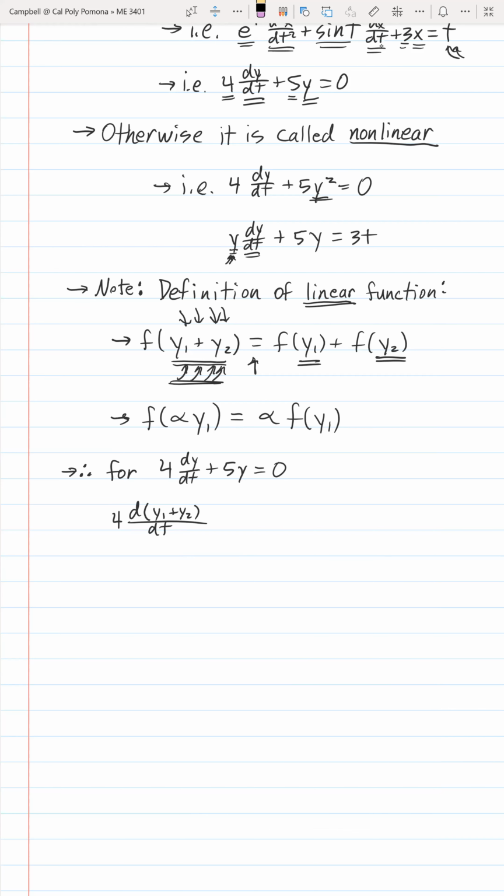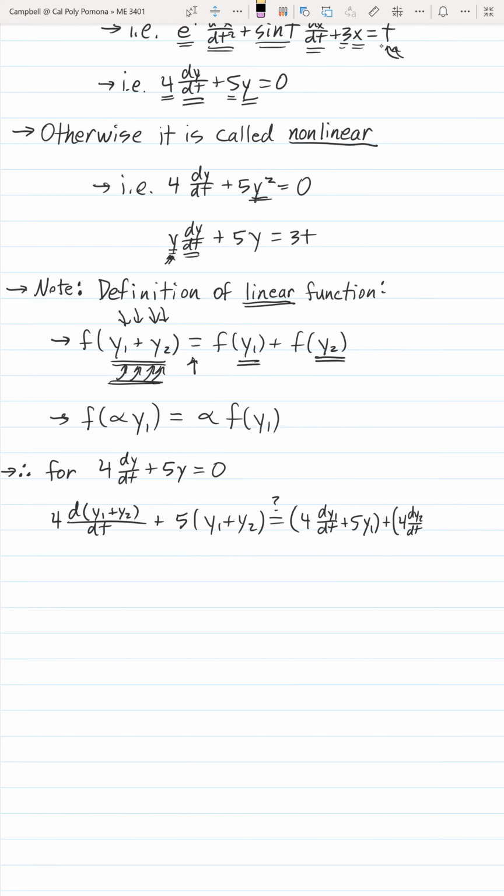When we take 4 d(y1 plus y2) and take the derivative with respect to time, plus 5(y1 plus y2), we want to know, is this equal to 4 dy1/dt plus 5y1, plus 4 dy2/dt plus 5y2?